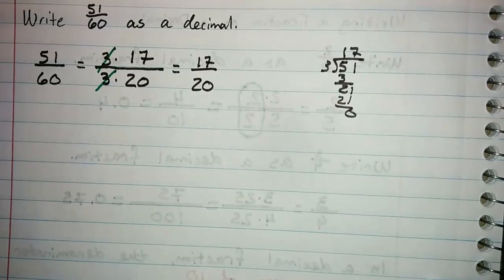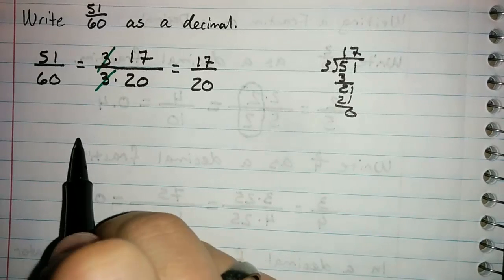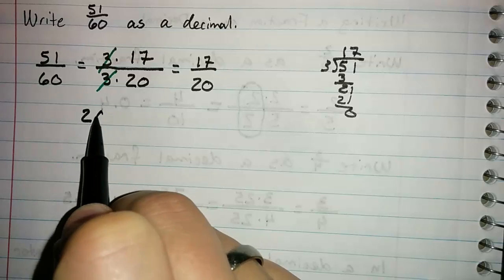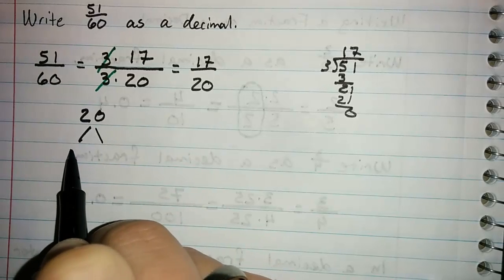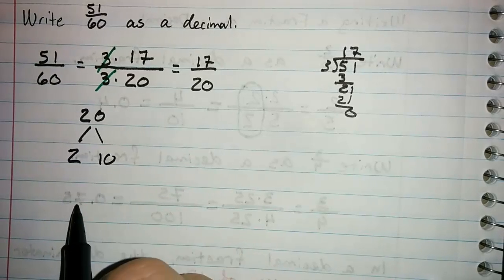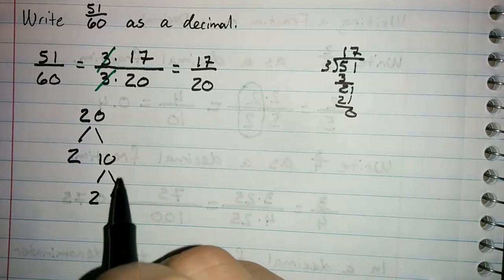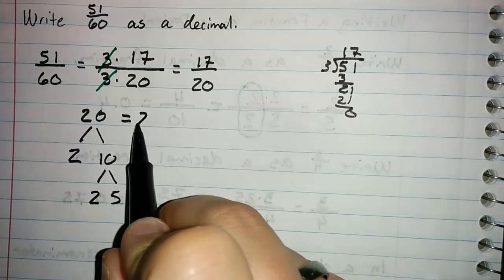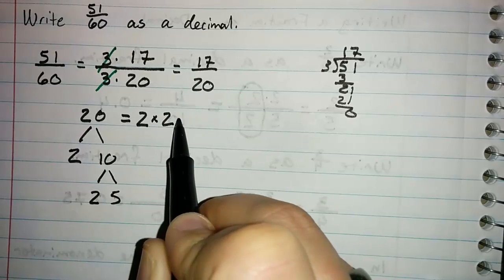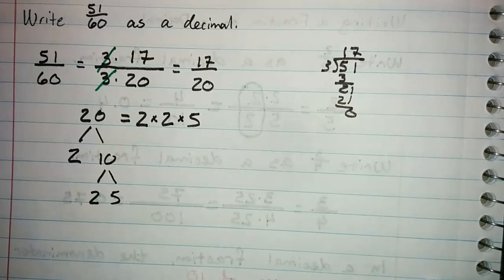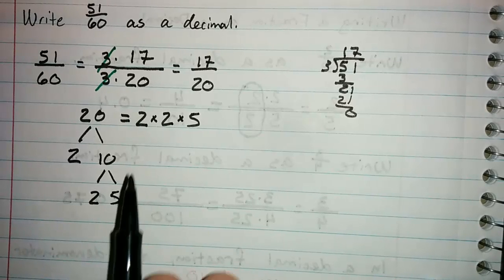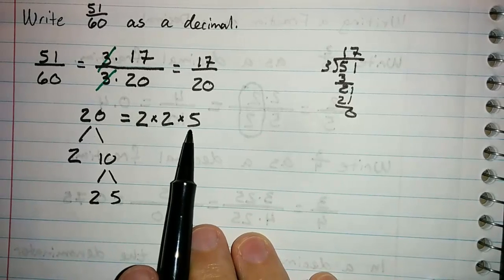17/20. Now we're going to look at the prime factorization of 20. 20 is 2 times 10, and 10 is 2 times 5. So 20 is 2 times 2 times 5. I see more 2's than I do 5's.